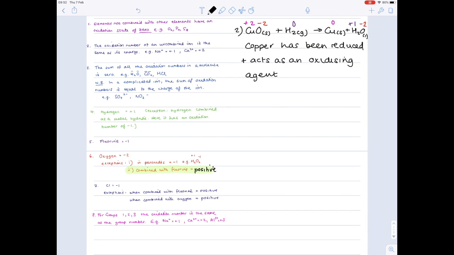Looking at hydrogen now, hydrogen's gone from 0 to +1. In order to become positive, it must have lost electrons. According to OIL RIG, it's therefore been oxidized. And automatically acts as a reducing agent.